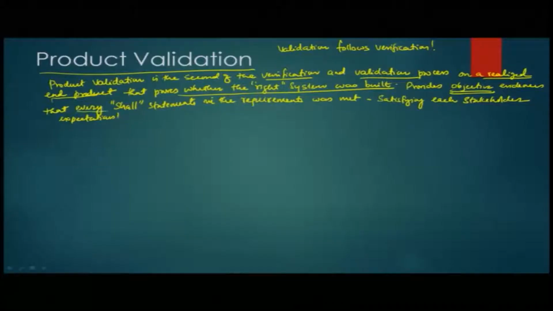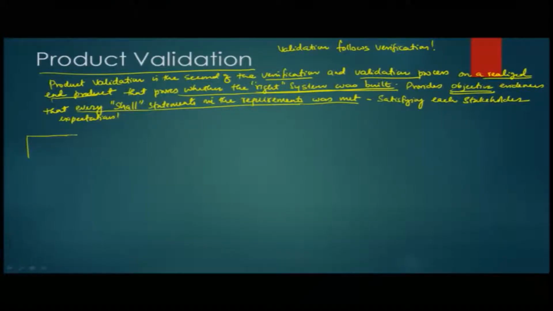So, every shall statement in the requirements was met. This is an important statement. Here, in validation, you are comparing against the wishes of the customer. This is why it is called the right system was built. The system that the customer wanted, did that system get built? That is what we are looking at in this case.